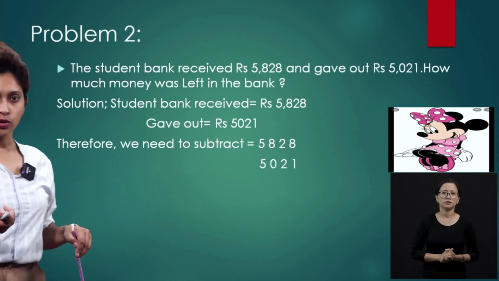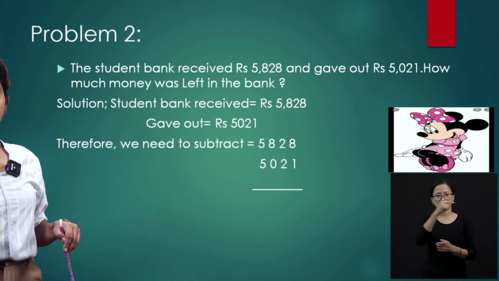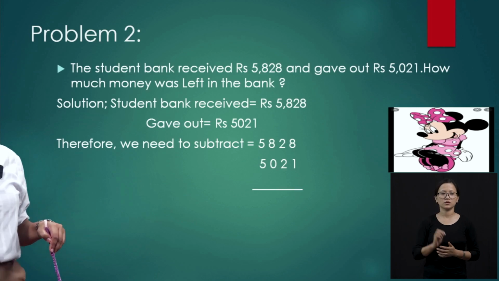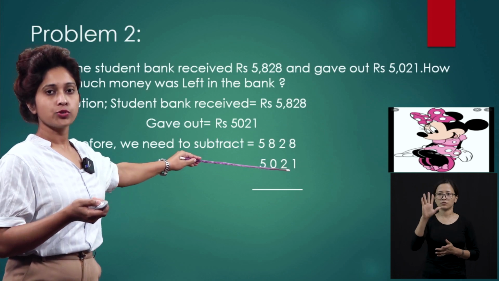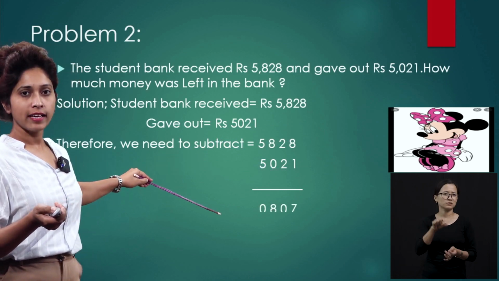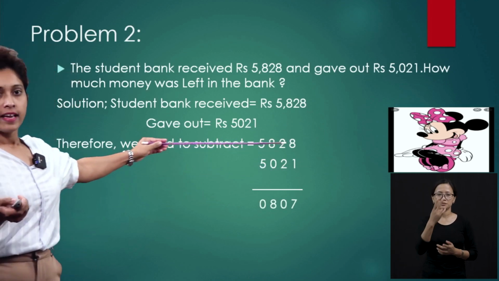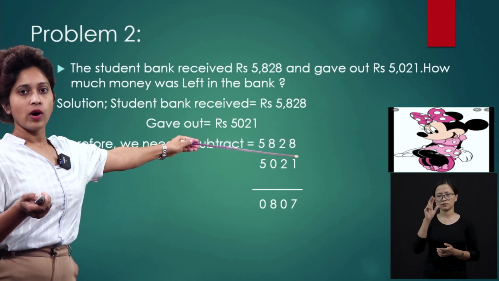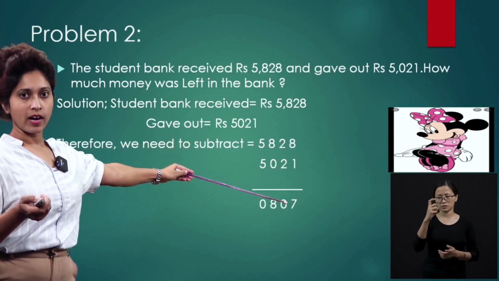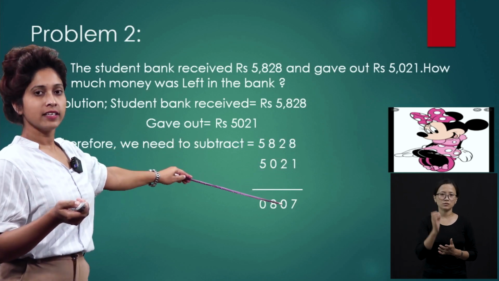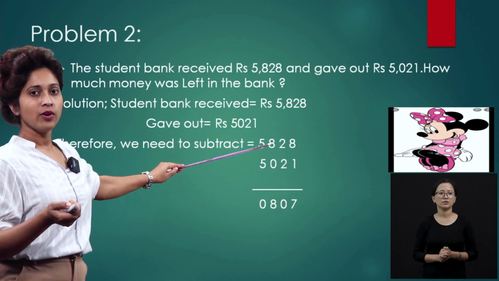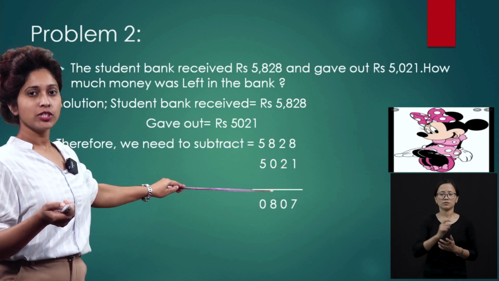You need to subtract them in order to find the answer. All right. So, when you subtract 5,021 from 5,828, how much will we get, children? Let's see. 8 minus 1. How much will you get? 7. Right? Then 2 minus 2. You'll get how much, children? You'll get 0. Now 8 minus 0. How much will you get, children?